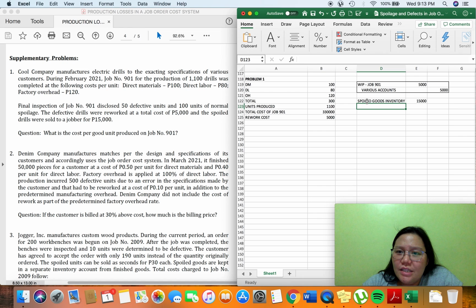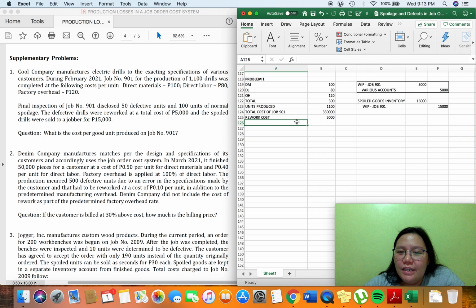This time, since it is the customer's fault, kasi nga, exacting specifications tayo, we will only remove the net realizable value of the spoiled units from the work in process subsidiary ledger. So, 15,000 lang din. Okay?